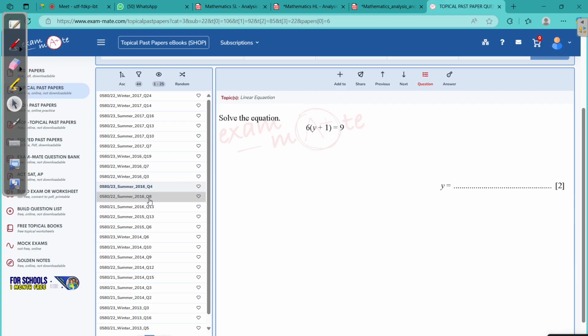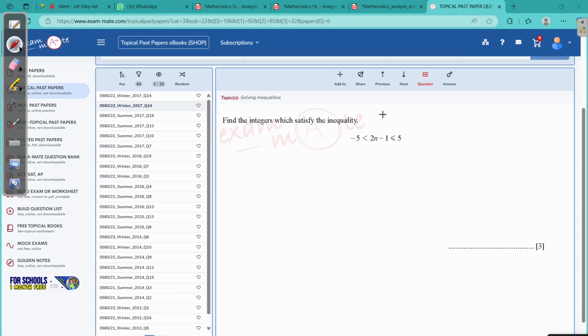There's one where you split the inequality into two parts and solve it. You can split this into two parts also. Basically in this inequality, you have two pieces of information.